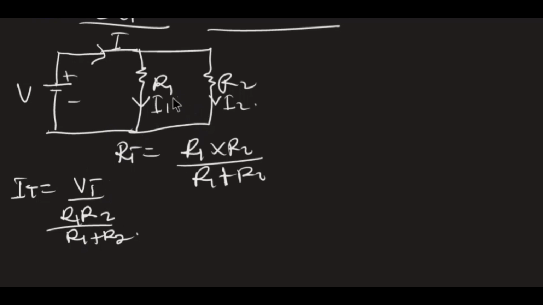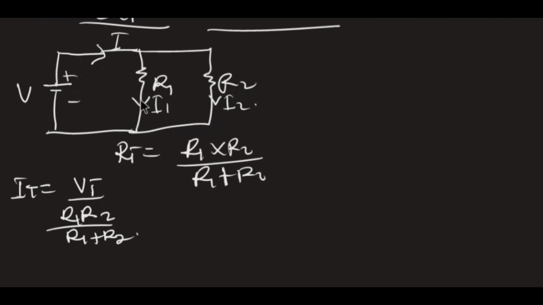If I want to find the current passing through this alone, that is my I1. If I want to find the current through this alone, what do I need? So you see, when you have a parallel connection, the same voltage is across this.